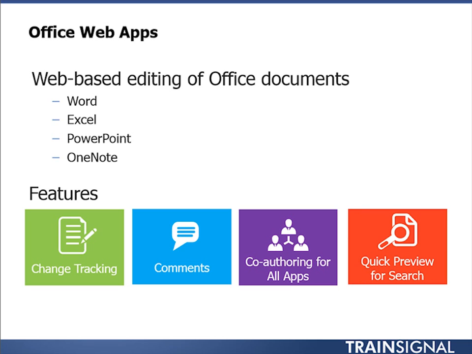And then finally, last but not least, is built-in support for quick preview for search. When I mouse over a document, I'll get a nifty little fly-out that will show me what that document looks like. And all of that is because of the magic of Office web apps.